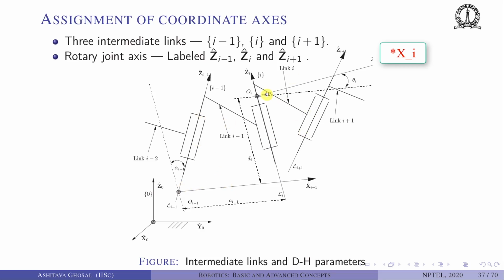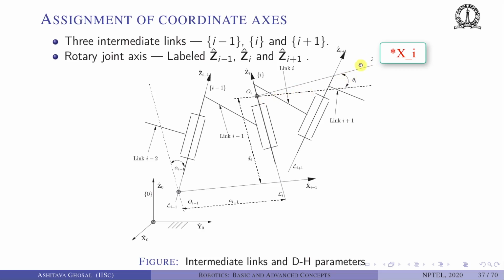Likewise, for link I, we have a common perpendicular, which is this solid line here. And then we have the origin of the ith coordinate system at the foot of the common perpendicular. So this is Oi. The x-axis is along this solid line.